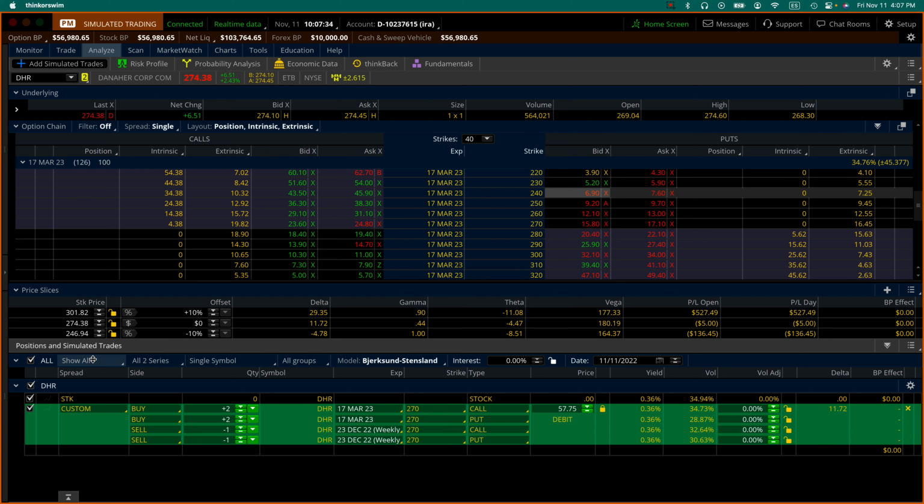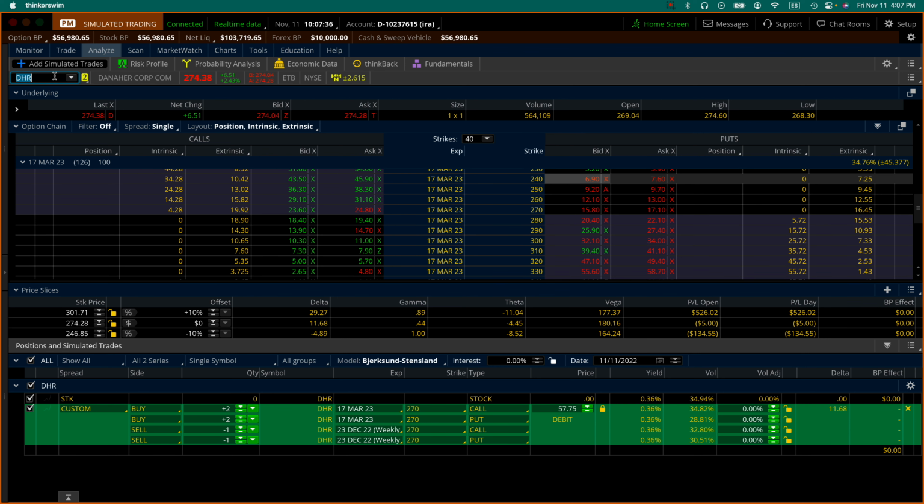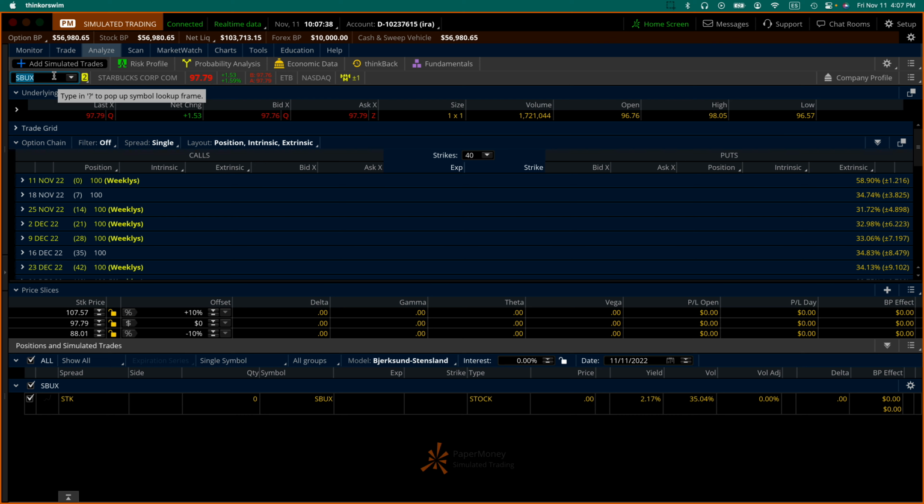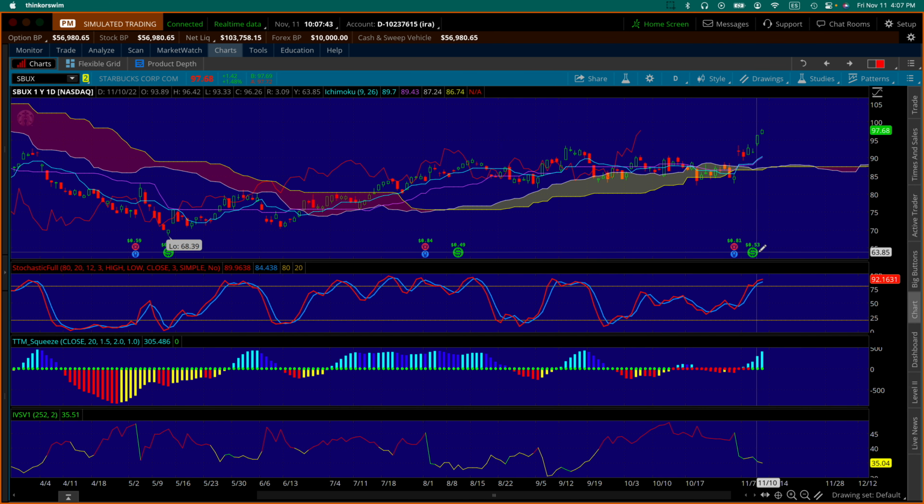So we just go straight to Starbucks, SBUX. Again, look at the chart first. Moving nicely, 52-week high, volatility is dropping. Right now it's 34. It turned yellow, but it's been green most of the time, so that's okay.